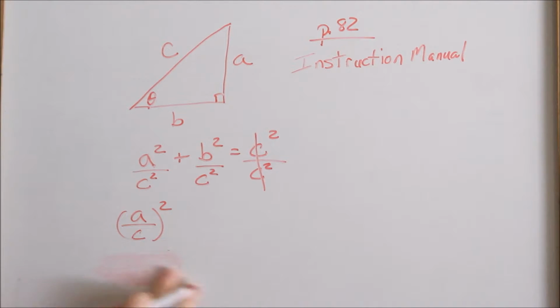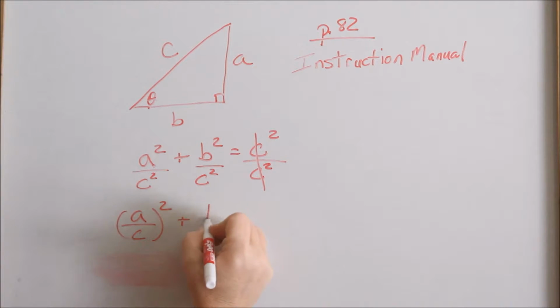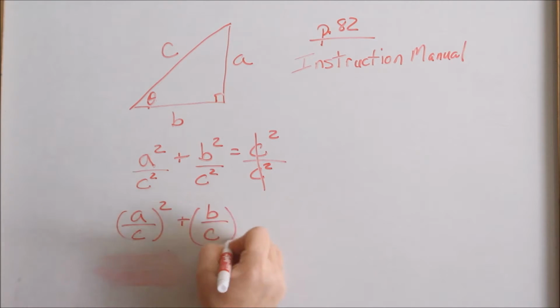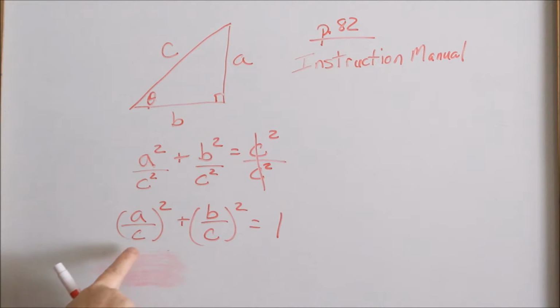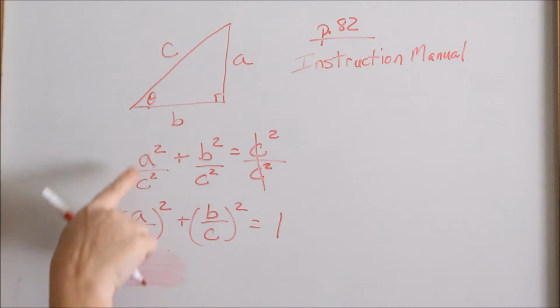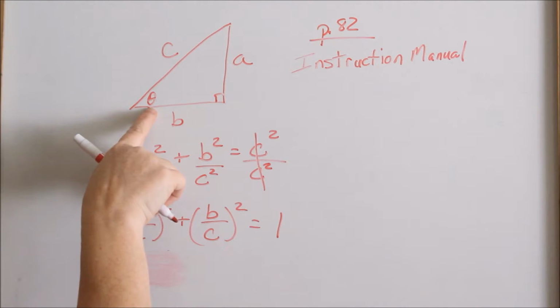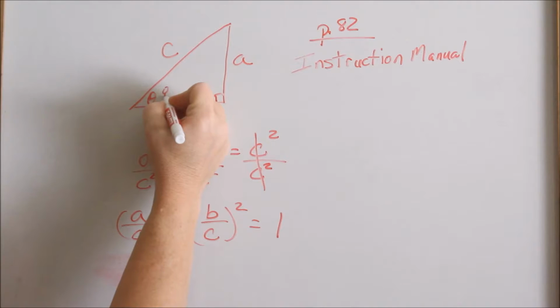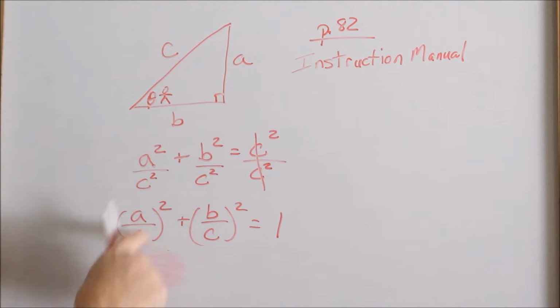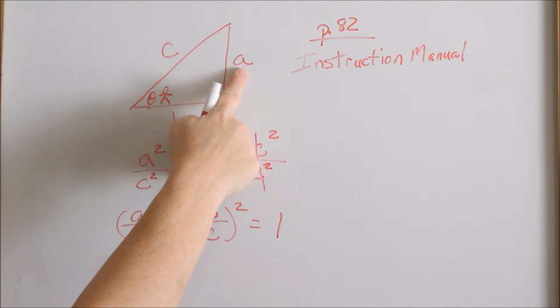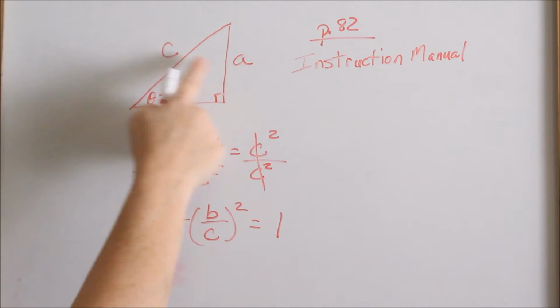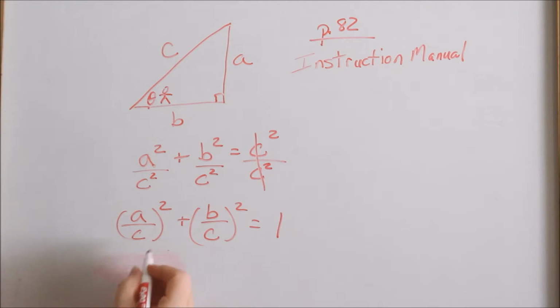Now I'm going to write this as b over c, the whole thing squared, and this became 1. Looking at your triangle, if you're the little man standing at theta and you're doing a over c, a is the opposite side and c is the hypotenuse. Which trig function is opposite over hypotenuse? Sine.